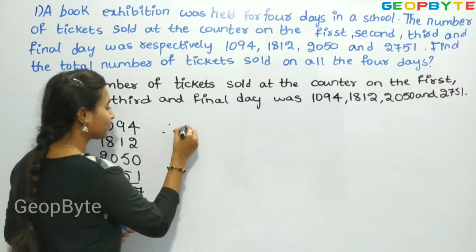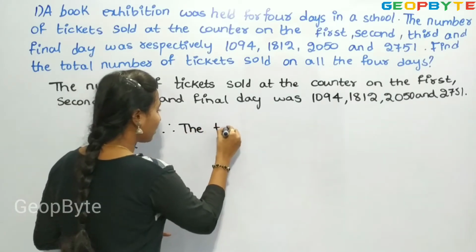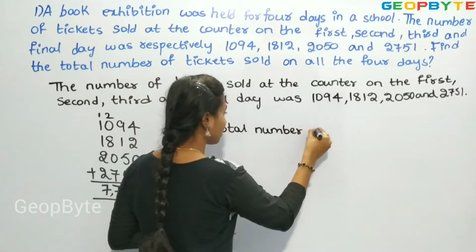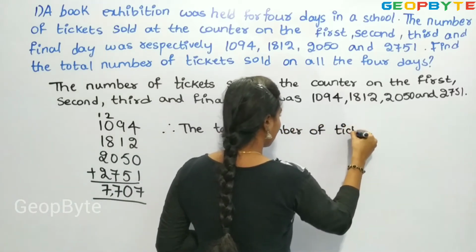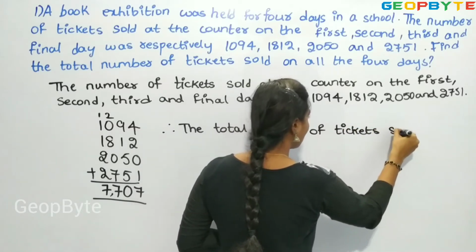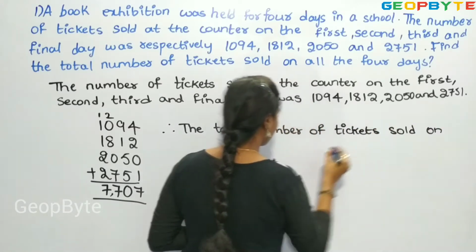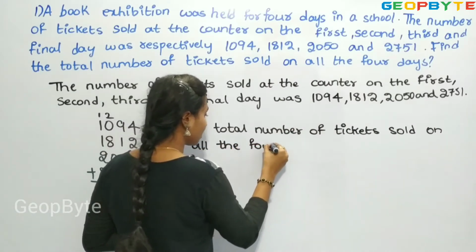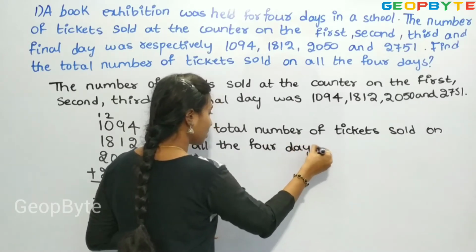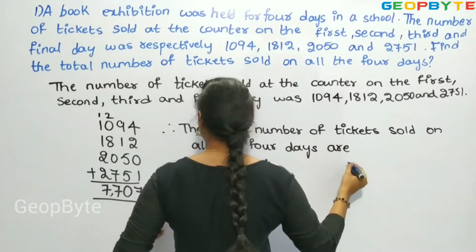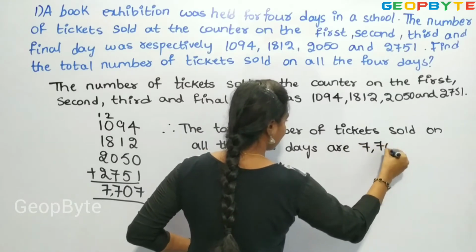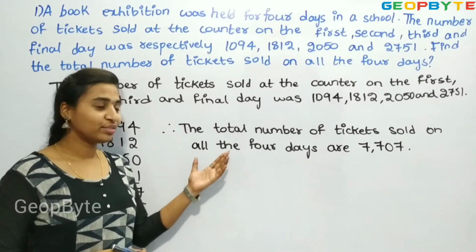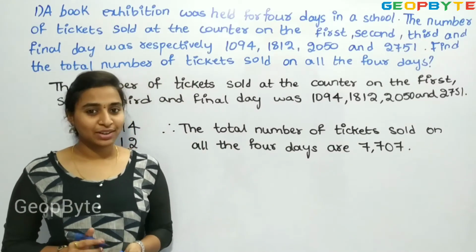Let us write the total number of tickets sold on all the 4 days are 7707. The total number of tickets sold on all the 4 days are 7,707.